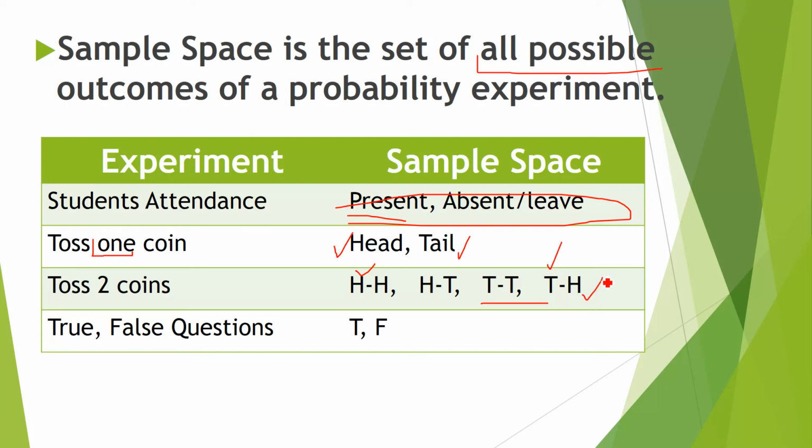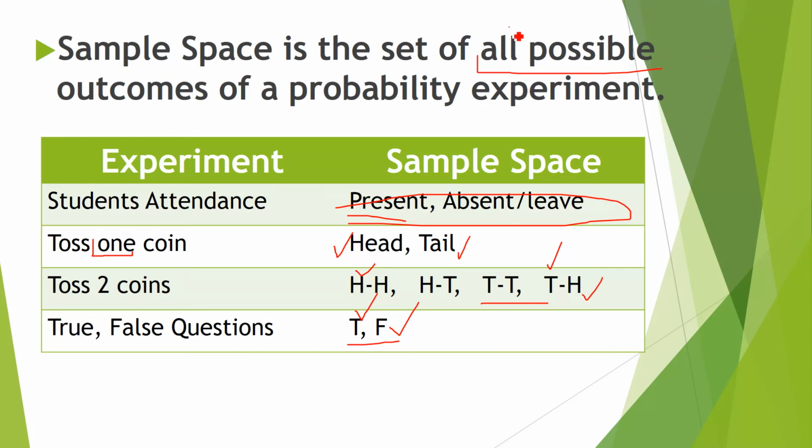So there are four possibilities if we toss two coins. If there are true and false questions, there are only two possibilities: the question is true or it is false.